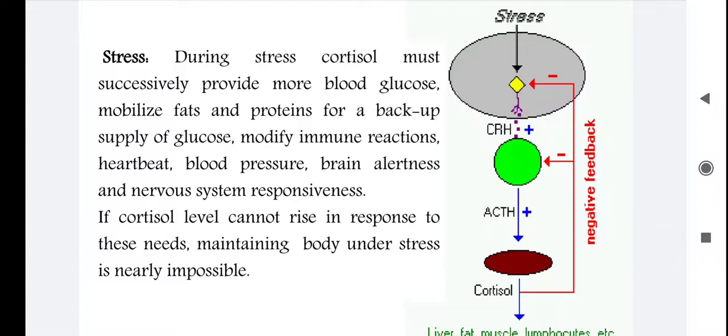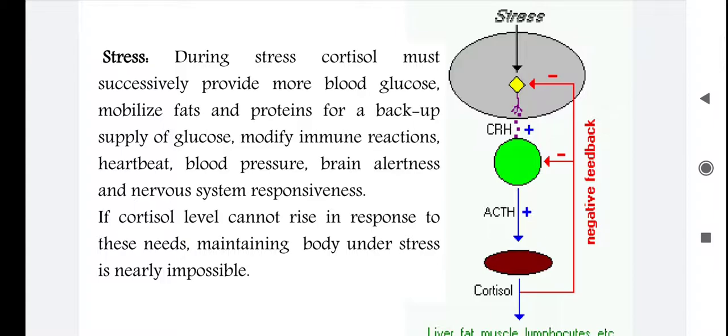Let us see how the adrenal gland helps in decreasing stress. During stress, cortisol must successfully provide more blood glucose, mobilize fats and protein for a backup supply of glucose, and modify immune reaction, heartbeat, blood pressure, brain alertness, and nervous system responsiveness.